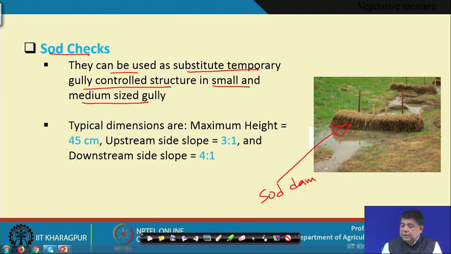A kind of dam is put here across the gully, and typical dimensions of these are: maximum height is 45 centimeters, upstream side slope is 3:1 and downstream side slope is 4:1.